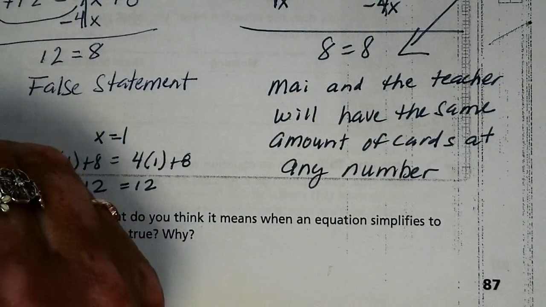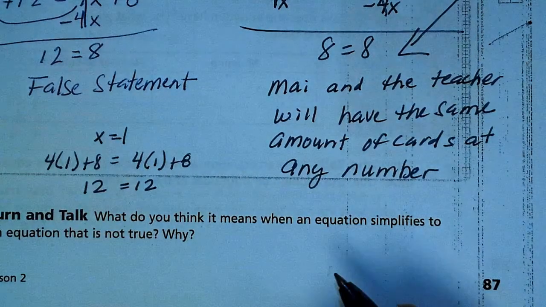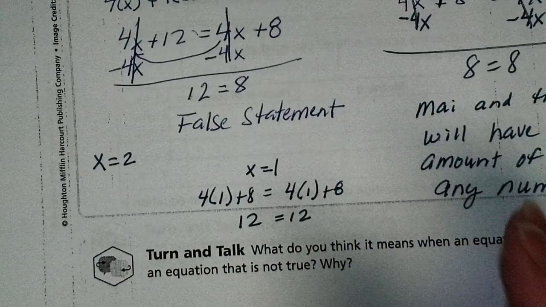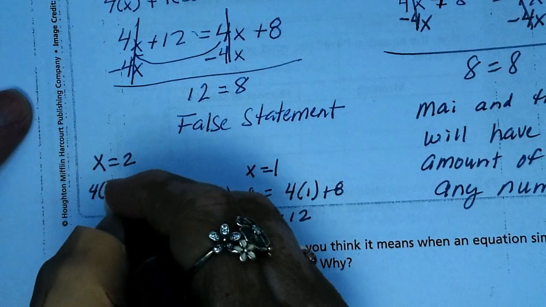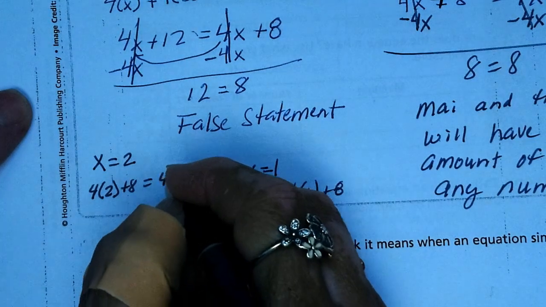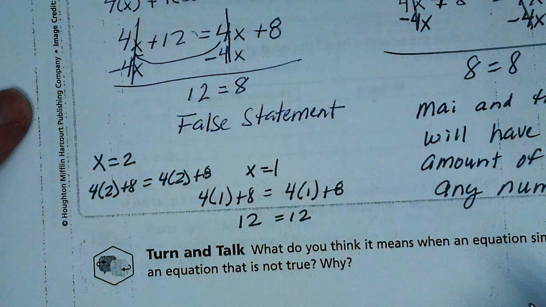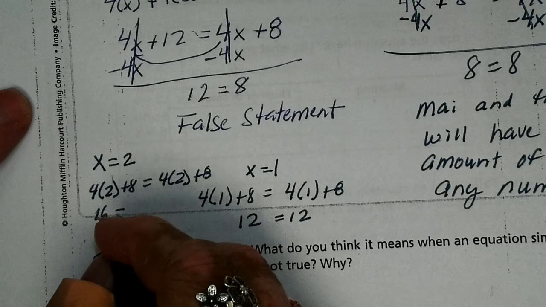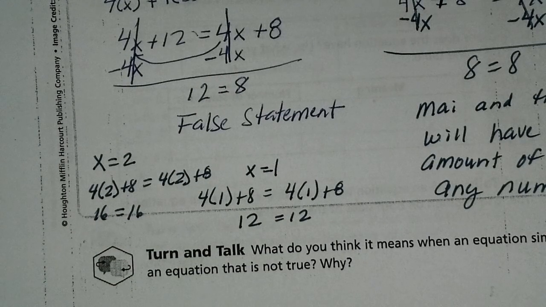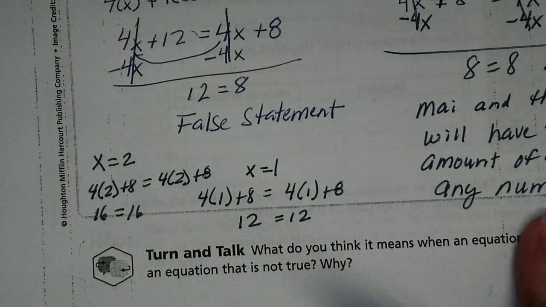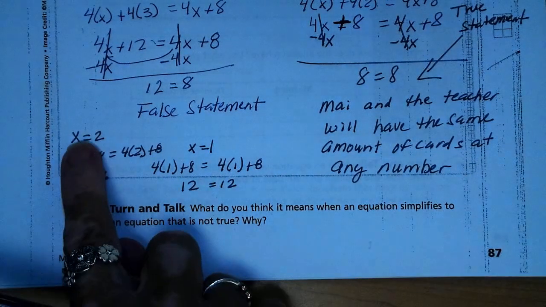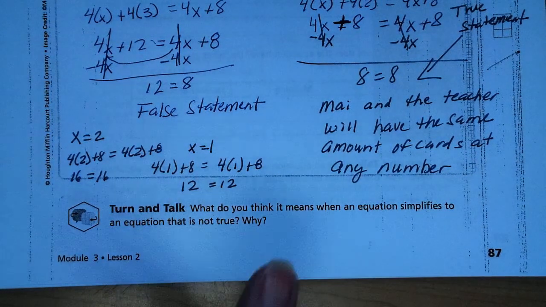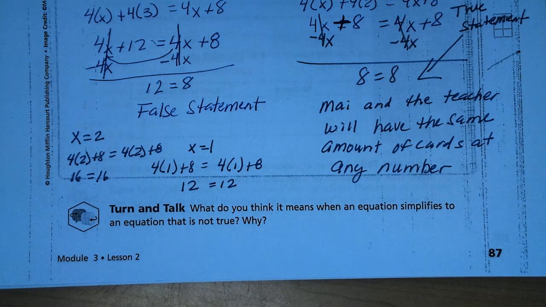If I say x is 2, I would get 4 times 2 plus 8 and 4 times 2 plus 8. So I would get 16 equals 16. So that's what that means, is I can substitute in any number for x, and the teacher and Maya will always have the same amount of cards.